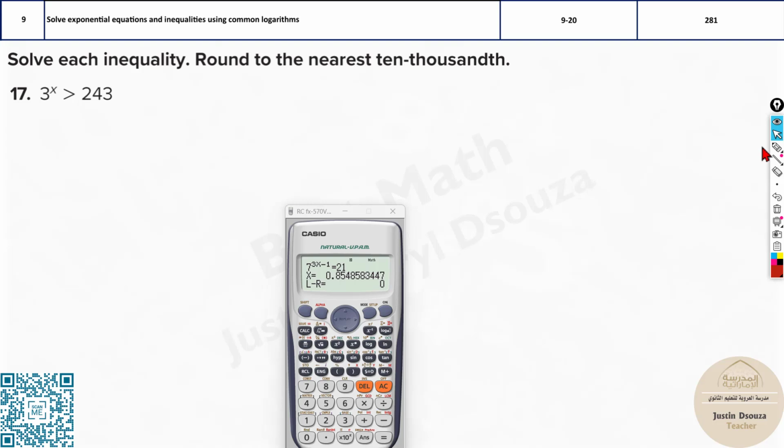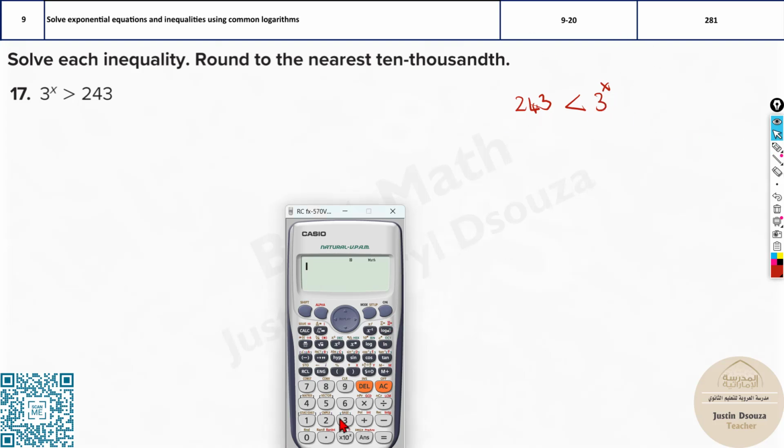But now I'll tell you another way around, which is not in your questions. Imagine it was 243, the same question, less than 3 to the power x, or 3 to the power x is greater than 243. Now what to do in such cases where the power x is over here?